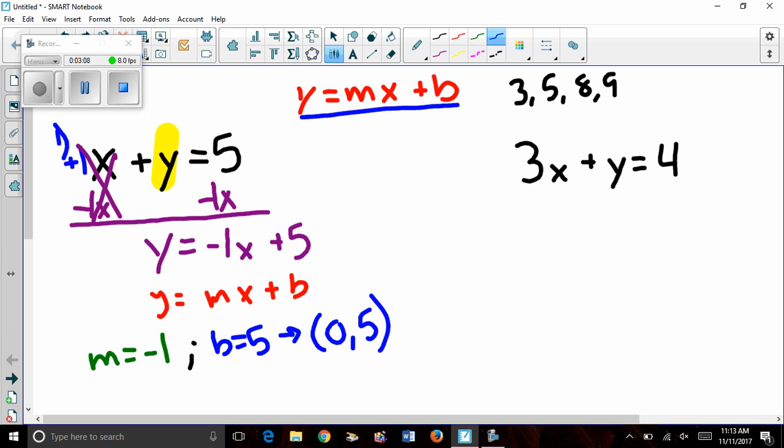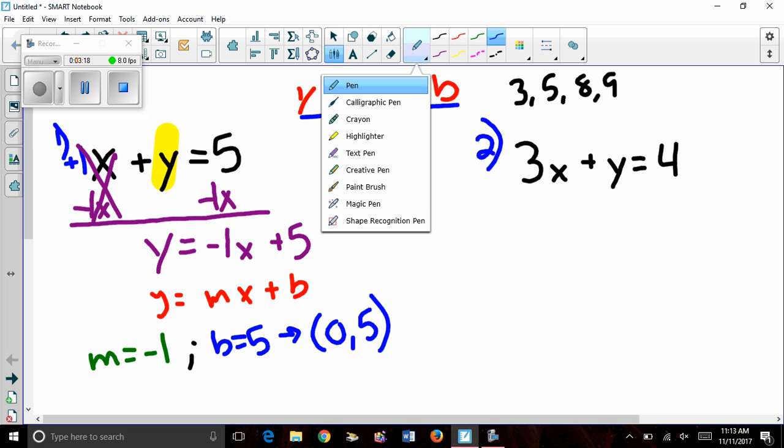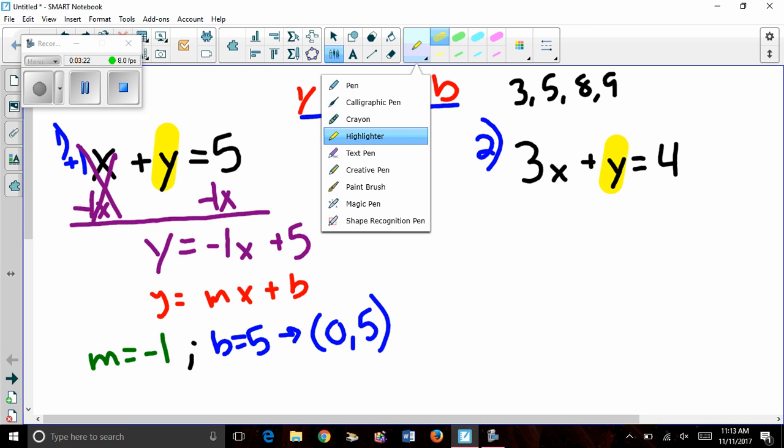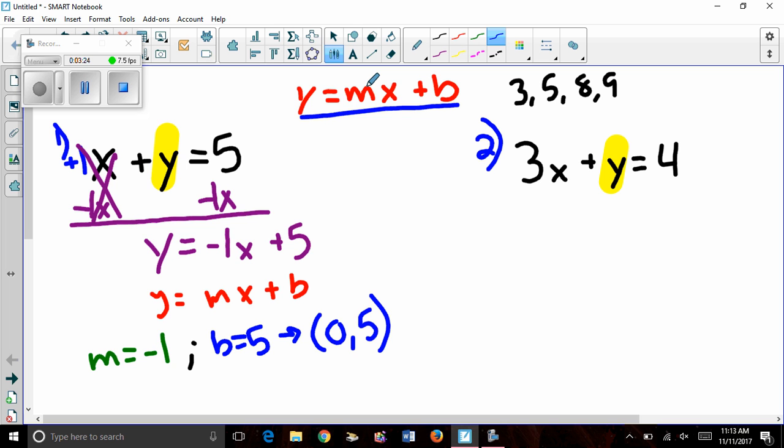Let's take another look at it with the equation on the right. We'll call it equation 2, just to make sure we have the skill down. Now again, I want to make sure I get y by itself. In order to make that happen, I'm allowed to move that 3x. We're going to do that by adding or subtracting.